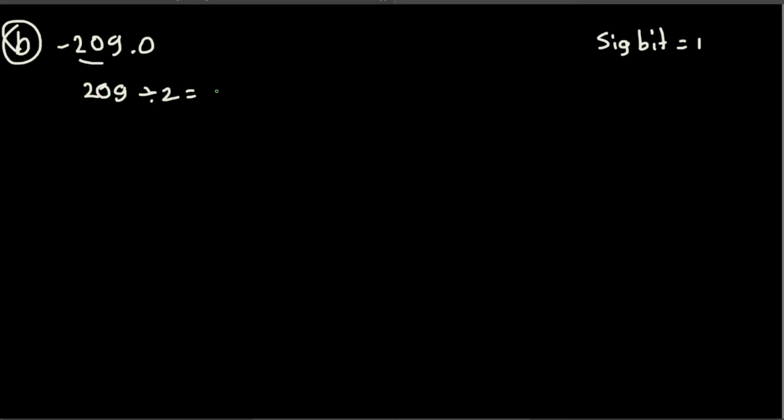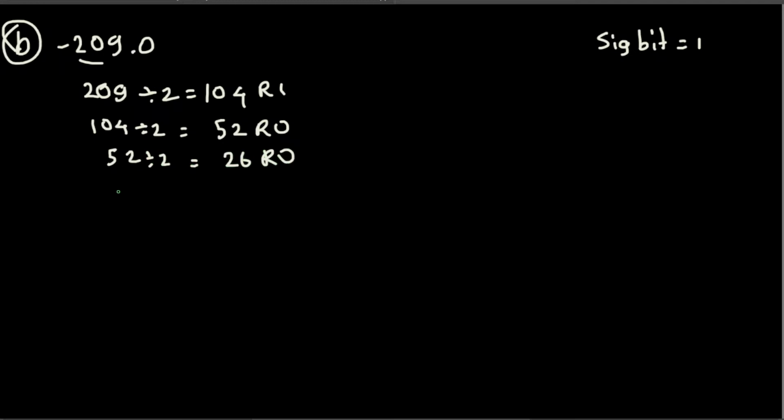Divided by 2, that's 104 and the remainder is 1, and 104 divided by 2 is 52 and the remainder is 0. And 52 divided by 2 is 26 and the remainder is 0. And then 26 divided by 2 is 13 and the remainder is 0.